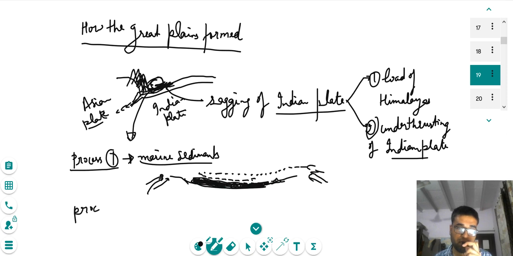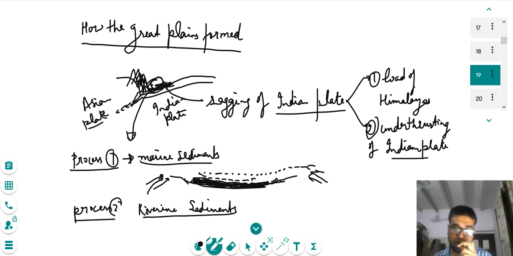After that, what happened is the deposition of the riverine sediments, right? Once these marine sediments were deposited, the descending rivers from both Himalayan side. So this is the Himalayan side, and this is the Vindhyan plateau.